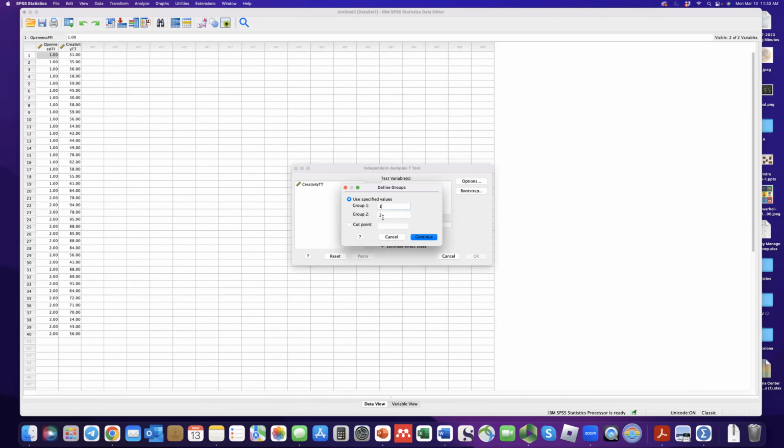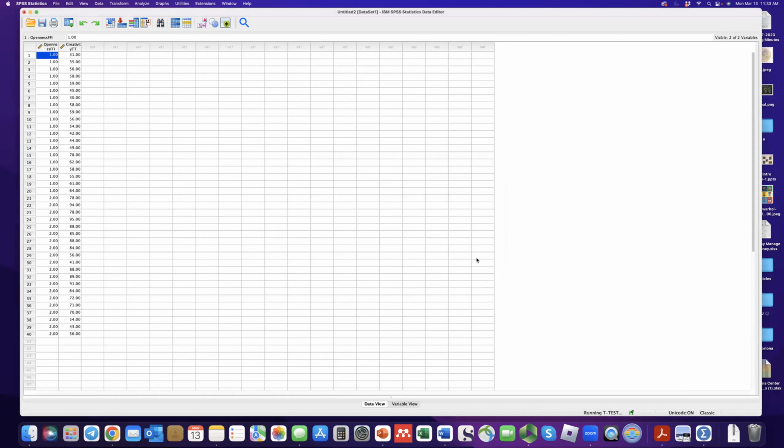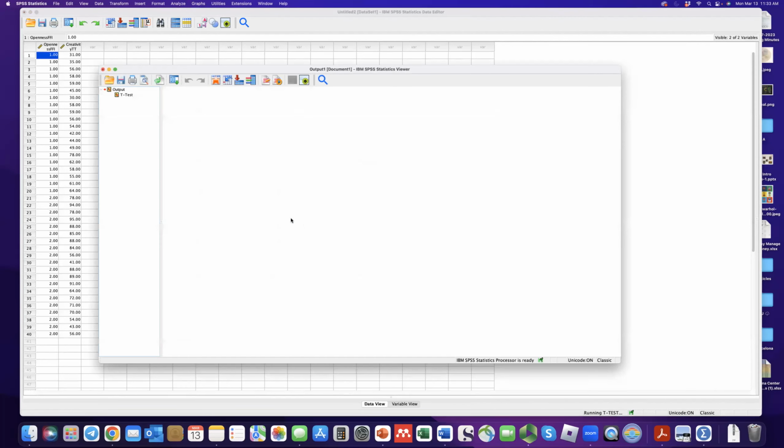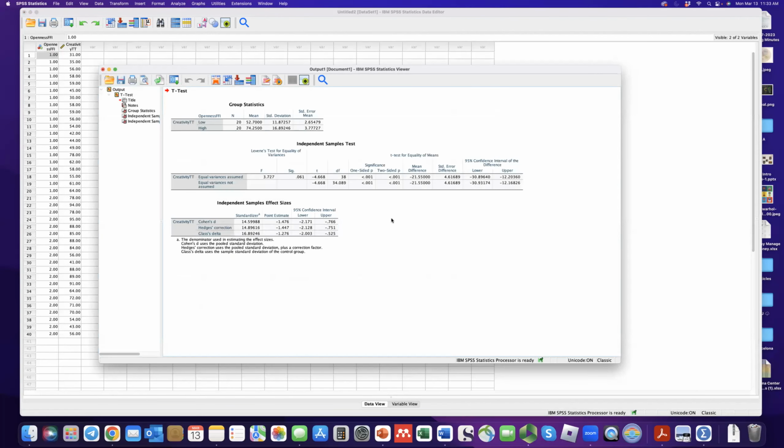Unless you label it differently, if the column doesn't contain 1s and 2s, then you would put something different there. But since it contains 1s and 2s, which is what everybody does, that's fine. And then our dependent variable is the test variable. We're going to hit OK. And then there you go.